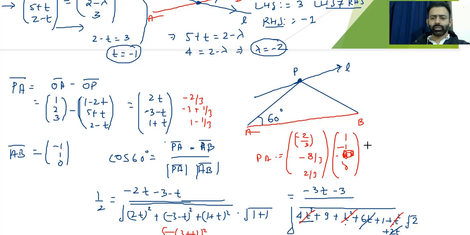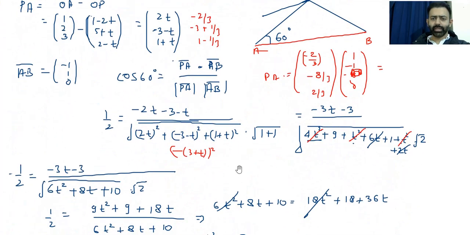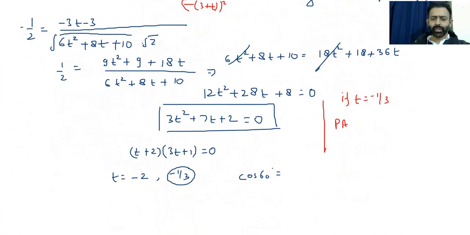So if you take out the dot product for this, you will get in the numerator minus 2 by 3 and plus 8 by 3, right? Means in the numerator we have PA dot AB, and whatever is the denominator.